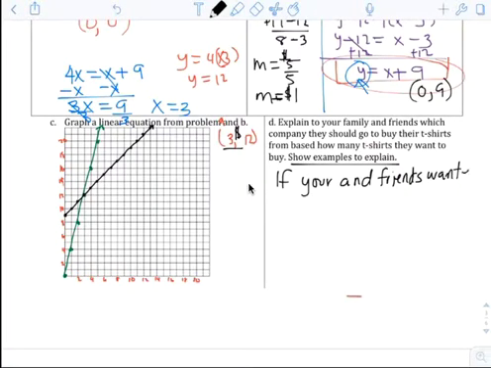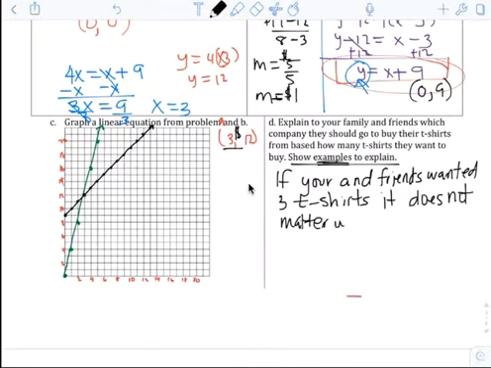Use some math examples. With 3 t-shirts, it does not matter who they choose.